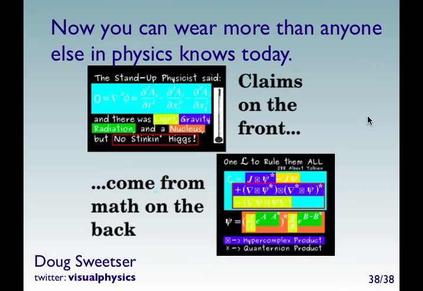I shouldn't say nobody, nearly nobody, and it's almost absolutely nobody works with hypercomplex products. I've submitted it to a journal, and they said it's too radical because you use hypercomplex numbers, and a few people use quaternions, but there's not much interest there.